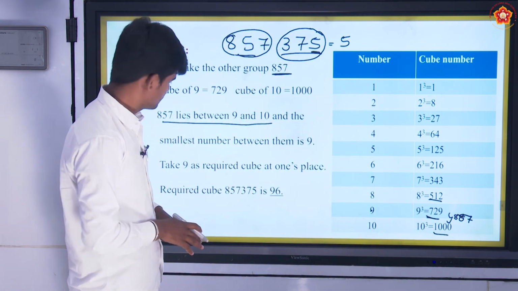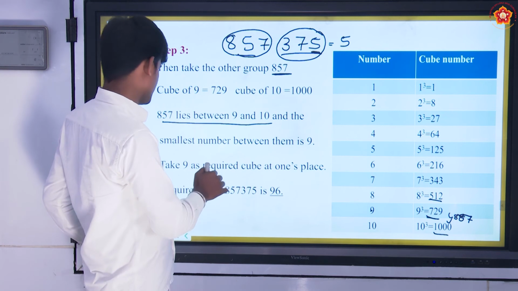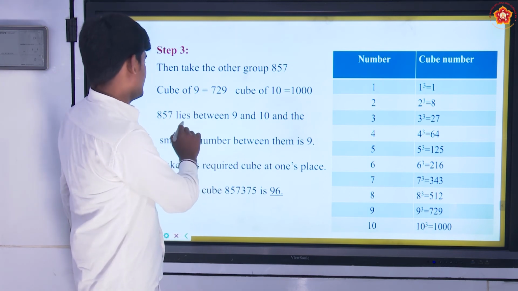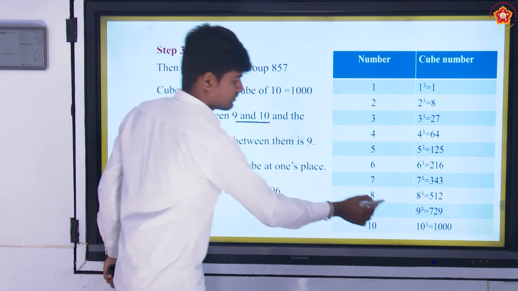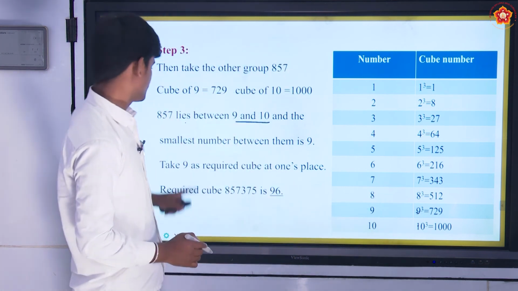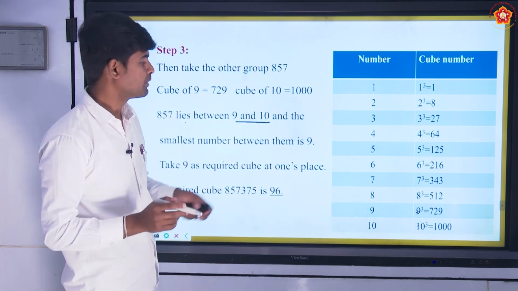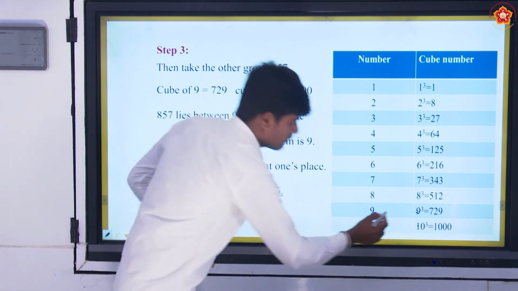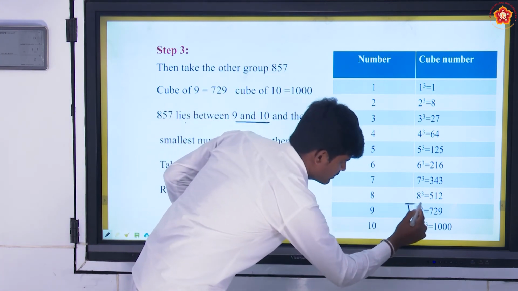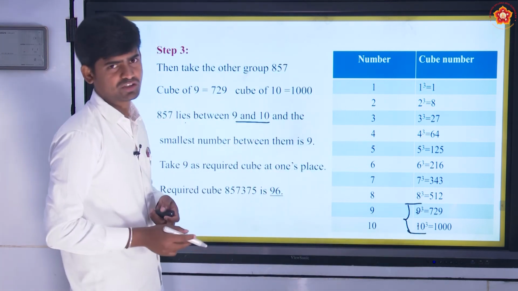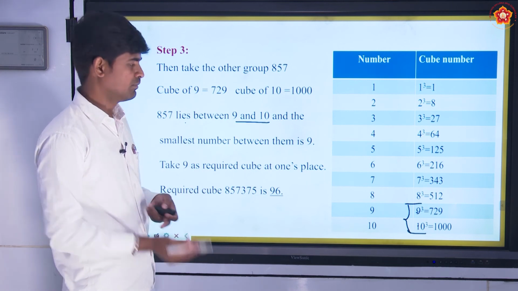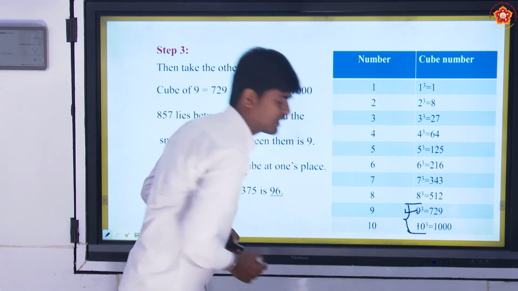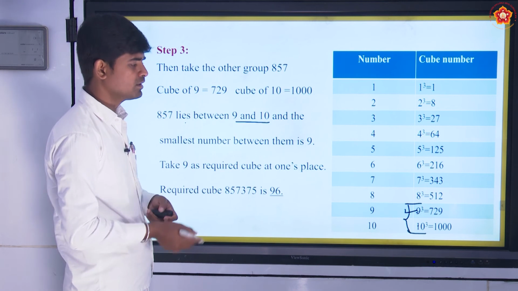Is it right? 857 lies between 9 and 10. In these two numbers, which is the smallest number, 9 or 10? Absolutely, it is 9. 9 is the smallest among 9 and 10.